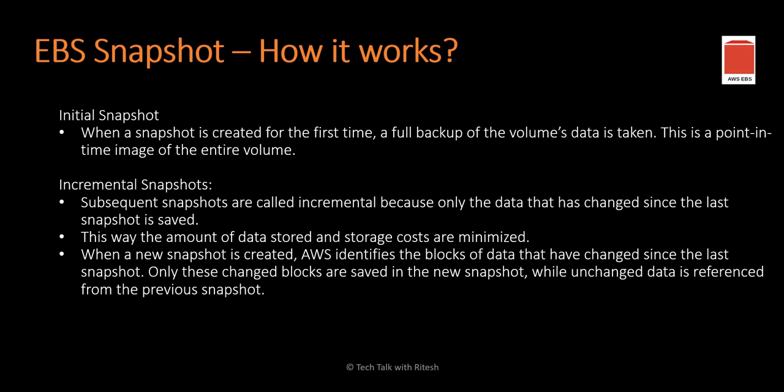When a new snapshot is created, AWS identifies the blocks of data that have changed since the last snapshot was taken, and only these changed blocks are saved in the new snapshot, while unchanged data is referenced from the previous snapshot. I will describe it using an image.